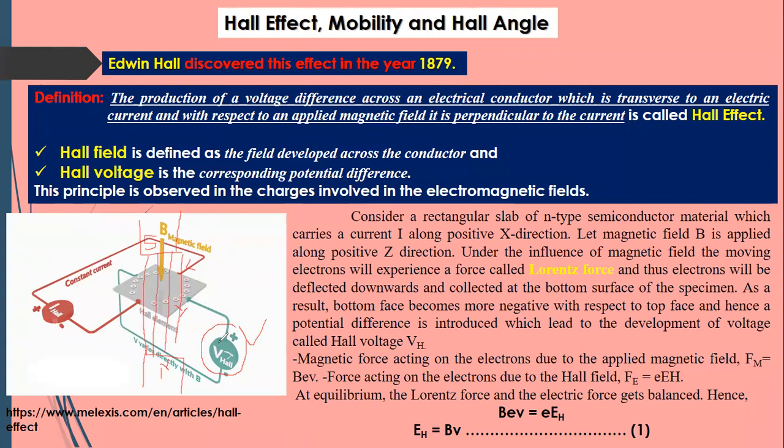And whenever the conductor is placed in a uniform magnetic field of induction B, acting perpendicular to both the conductor and the current, as mentioned inside the figure, under such an experimental arrangement, the demonstration was done by the scientist Edwin Hall in the year 1879.